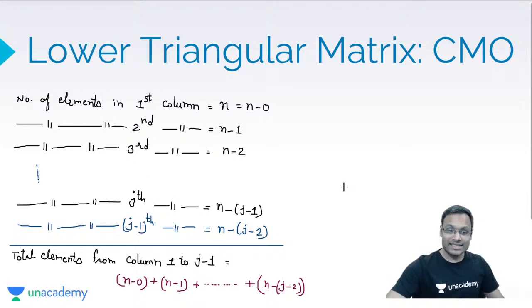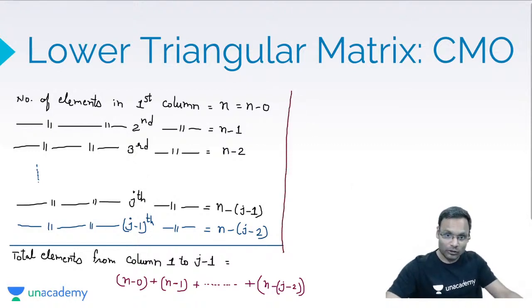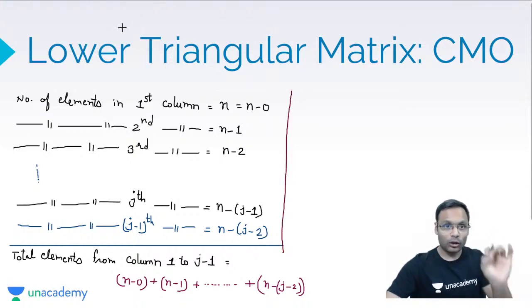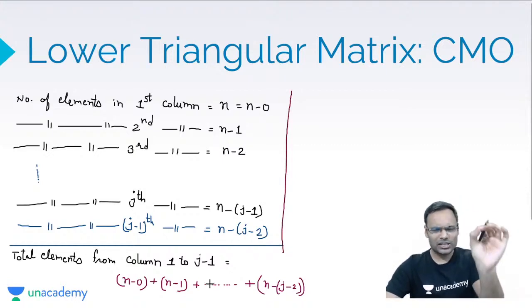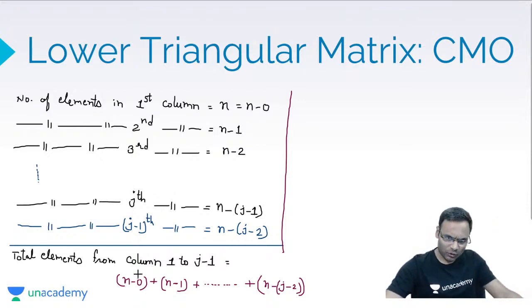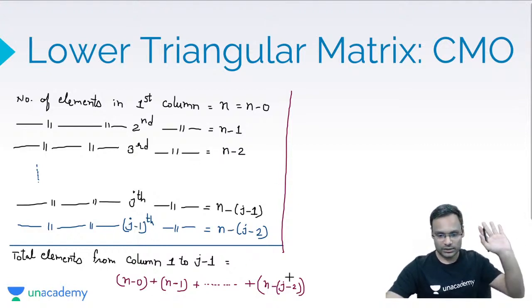Fine? अभी इक्वेशन सॉल्व नहीं किया बॉस, जस्ट आई हैव रिटन फर्स्ट कॉलम n minus 0 एलिमेंट्स प्लस सेकेंड कॉलम n minus 1 एलिमेंट, थर्ड कॉलम n minus 2 एलिमेंट्स अप टू j minus फर्स्ट कॉलम n minus j minus 2 एलिमेंट्स.